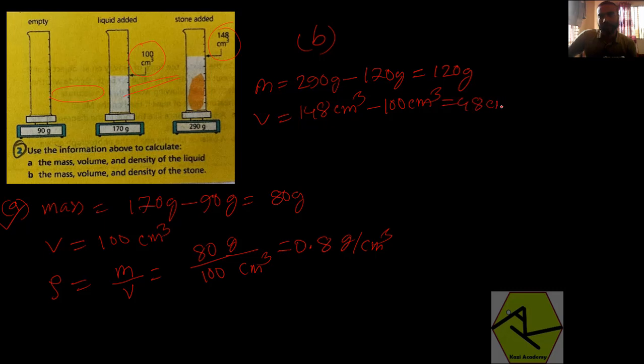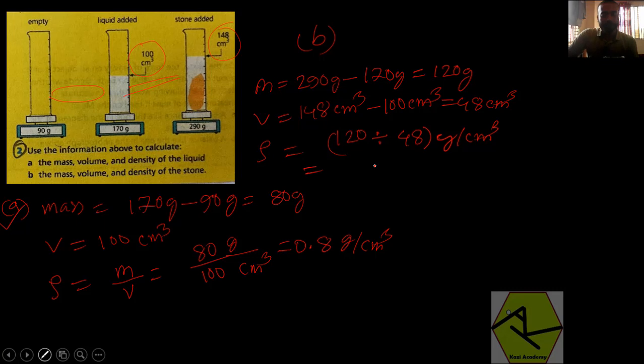Again, density rho equals to m divided by volume. So here m is 120 and divide it by 48, and you will get the density in gram per cubic centimeter. That will be the answer. Yes, you can take the help of a calculator.